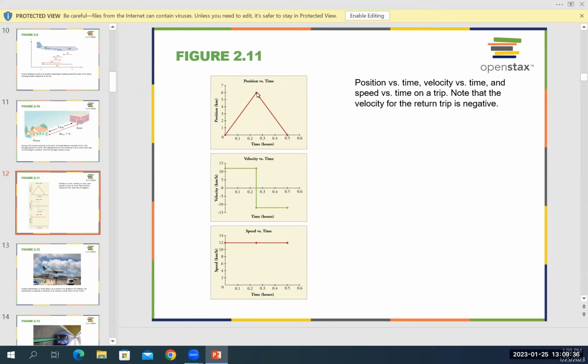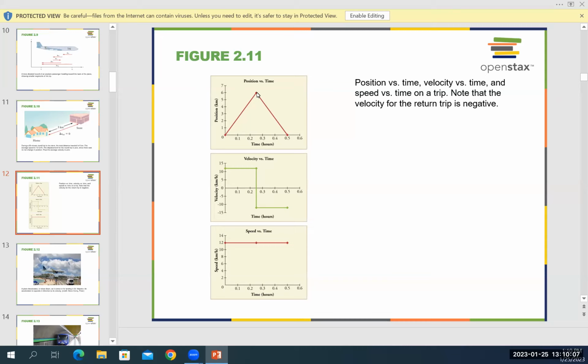Once we get to this point here, notice time does not stop. Our next point is certainly to the right on the x-axis, certainly advanced in positive time. However, the position has decreased. So our spherical cow is now moving in reverse of whatever we chose to be the positive direction. So this is that kind of displacement argument.